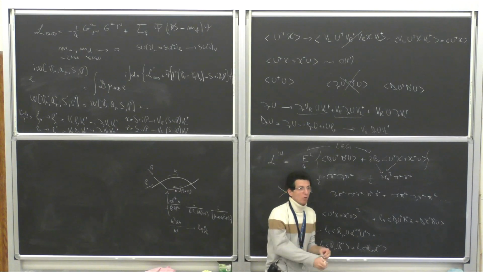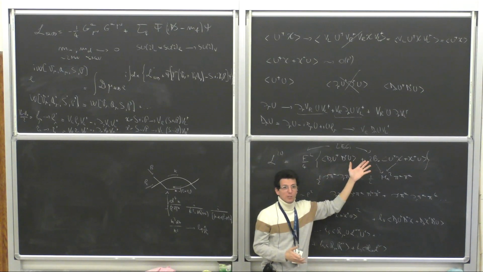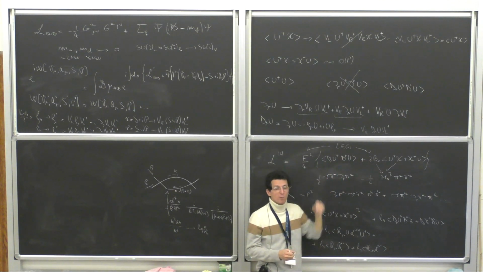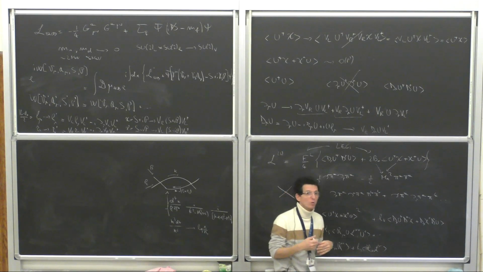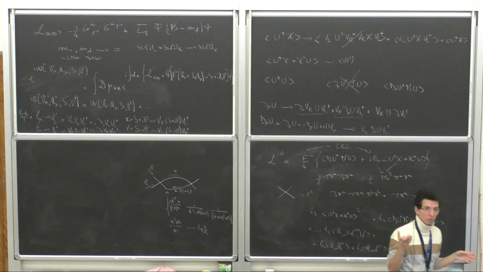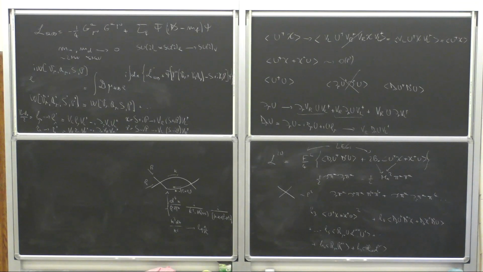But this is only in the low energy, lowest order Lagrangian. Remember that the effective Lagrangian will contain all possible interactions. So yes, you have enough coupling constants in this theory, an infinity of coupling constants, to absorb these divergences.